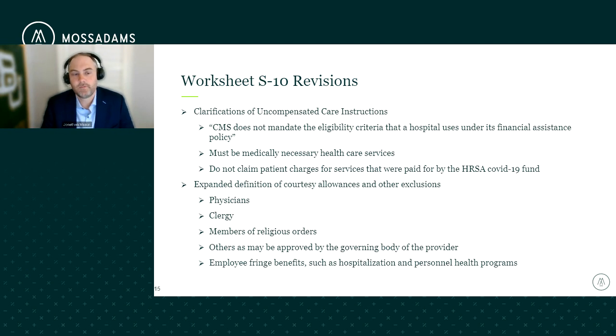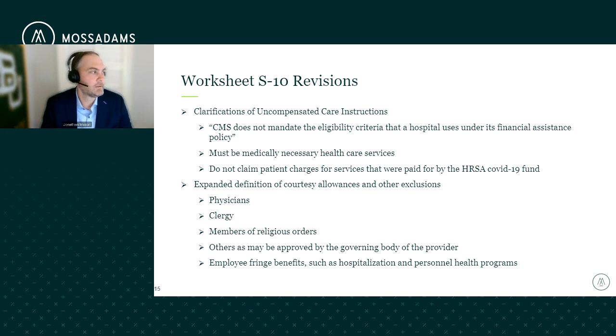So just some clarifications. We were asked regarding the financial assistance policy, does CMS have a set charity care guideline or criteria? CMS clarified in the instructions, and I'll quote it: CMS does not mandate the eligibility criteria that a hospital uses under its financial assistance policy.